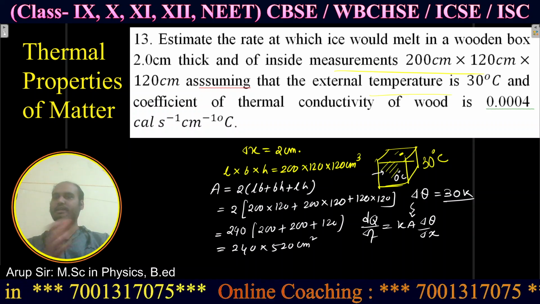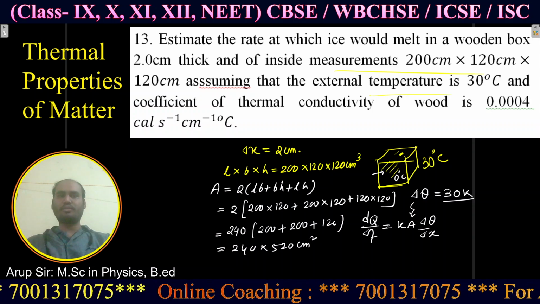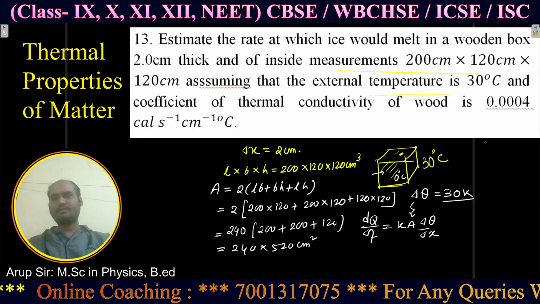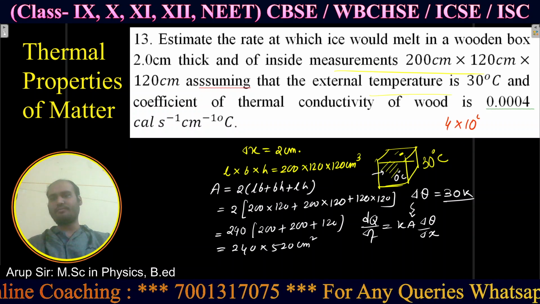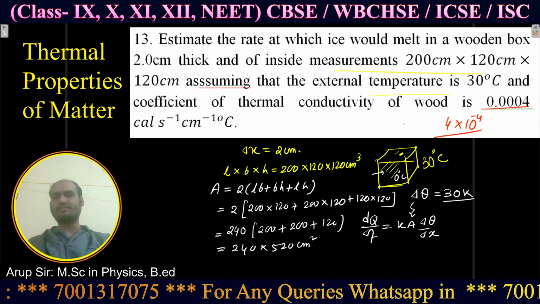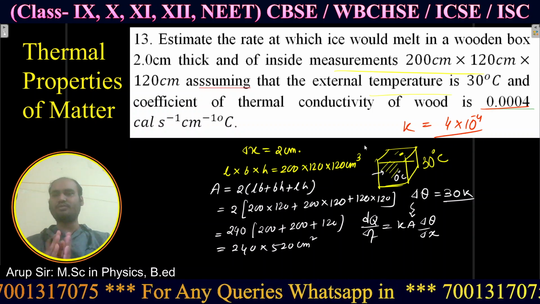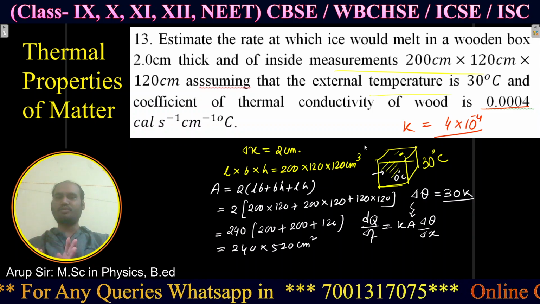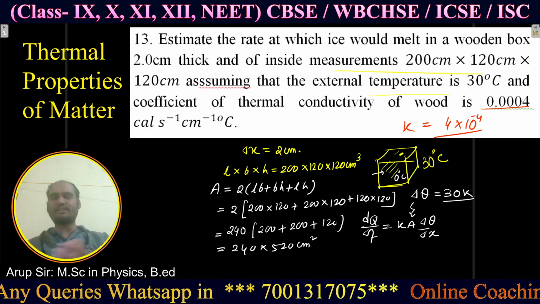And thermal conductivity is given, which is 4 into 10 to the power minus 4, because 0.0004 means this much. This is the thermal conductivity of the wood. So K is this much, temperature difference is known, delta X is known, so all the information is known now.